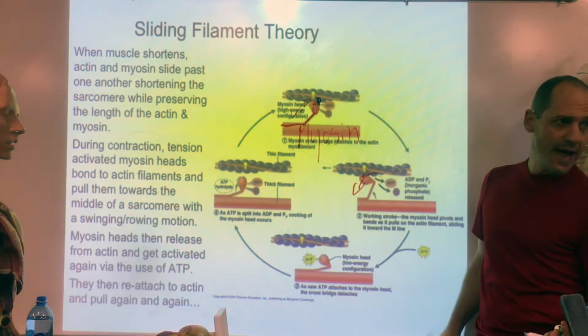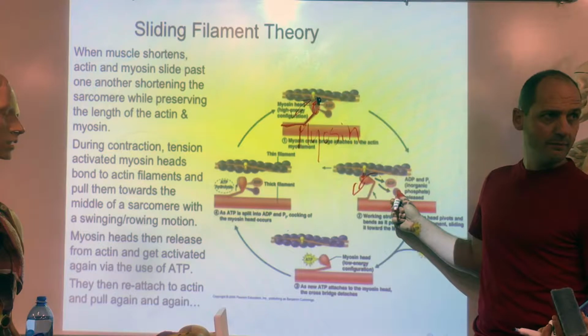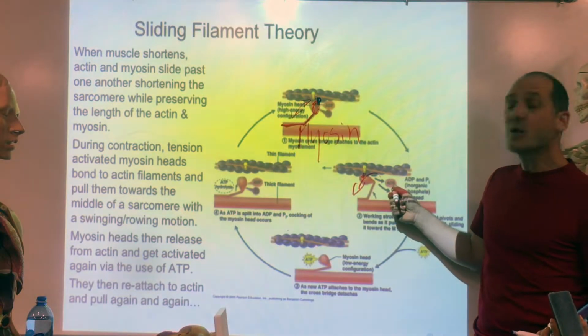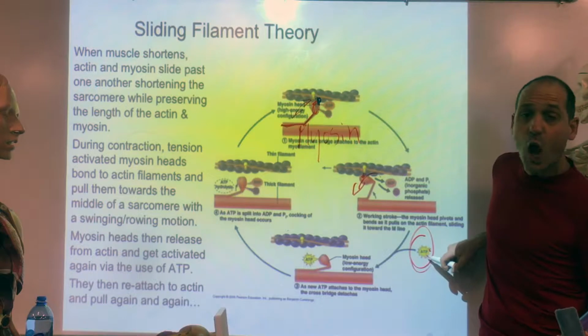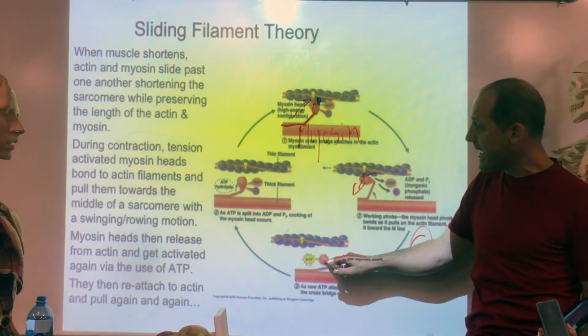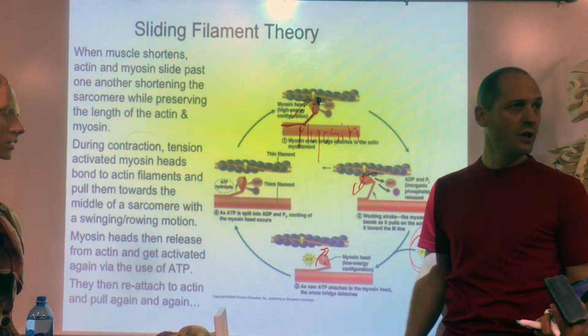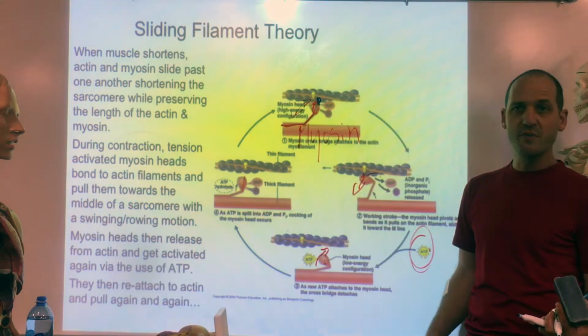And when it does that, it lets go of an ADP, an energy molecule. Remember ADP? ATP, ADP? Energy molecule. And as soon as that happens, a new ATP, the other energy molecule, comes in and attaches itself to this head again, which makes the head go back into the upward position in order to be able then to attach back to the actin, to the thin filament.